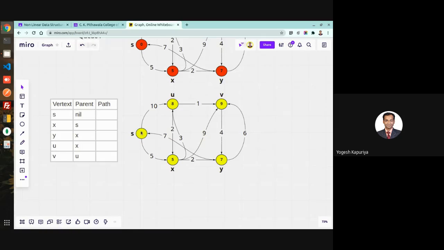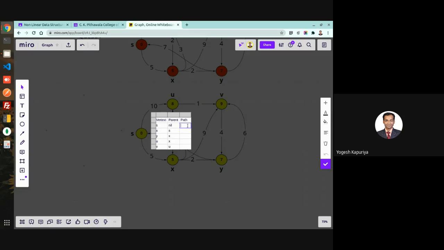So you have source vertex S, then the distance for U is 8, this is 9, 7 and 5. So distance is there, but now you are interested in computing the path. So how can you generate a path? Obviously you will go in the reverse. So for S, it's a source vertex, so there will not be any path, right?